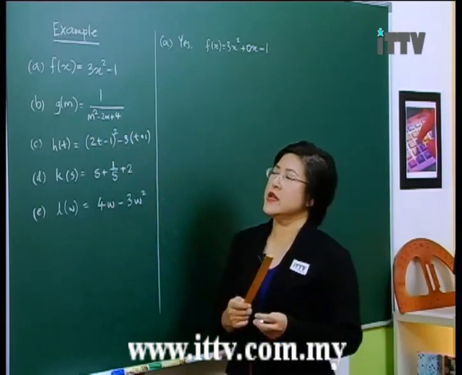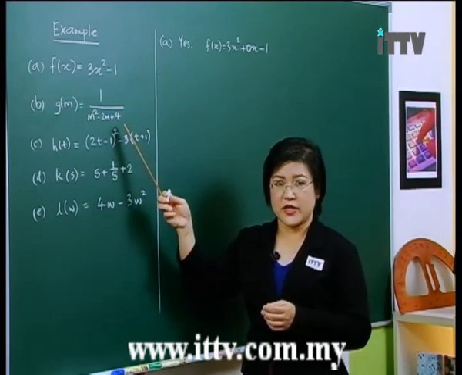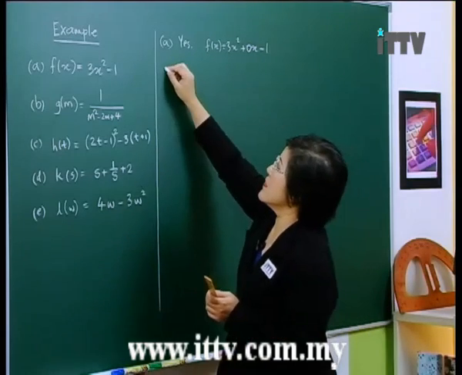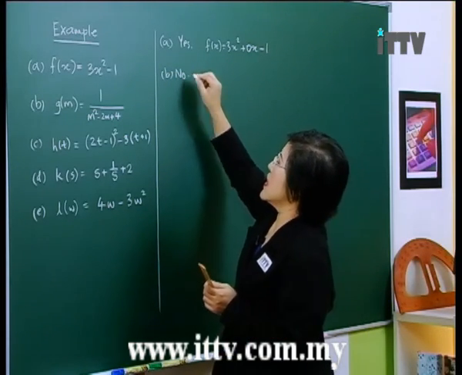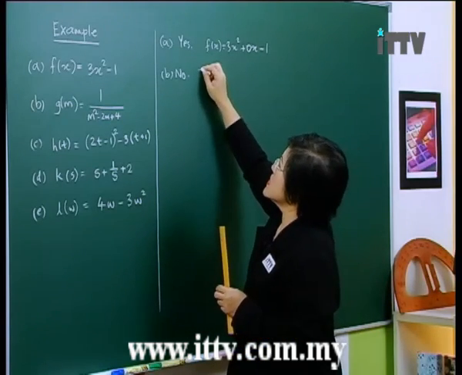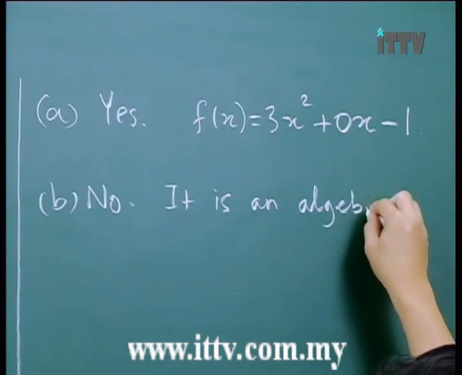Part B. g(m), however, you notice is an algebraic fraction, and that makes it not a quadratic function at all. So our answer for B is no, it is not a quadratic function. That's because it is an algebraic fraction.